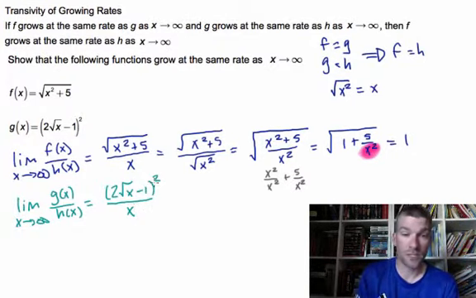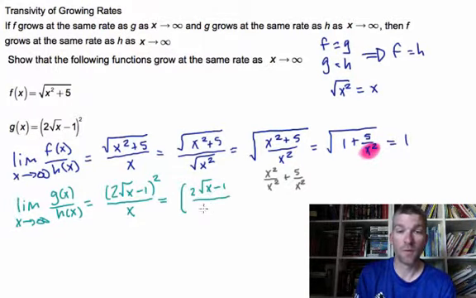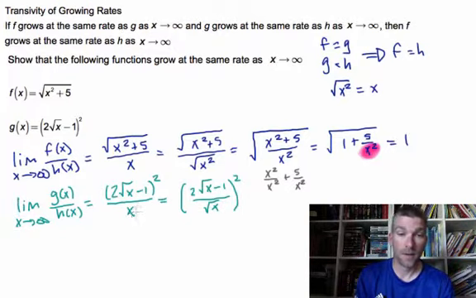Now when we work with this, we can rewrite it using our rules of algebra like this: the square root of 2 square roots of x minus 1 over the square root of x squared. This accomplishes the exact same thing as the previous one. Notice, the square root of x squared is just x.